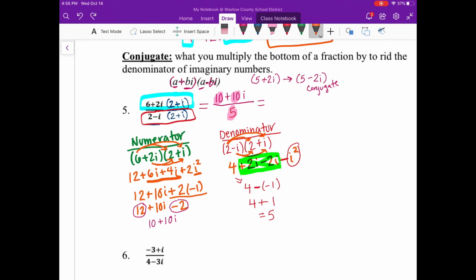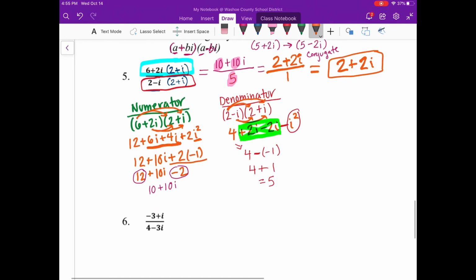So what you're going to want to do is divide all those numbers by 5. When I divide 10 by 5, I get a 2. The 10i by 5, I get another 2, and don't forget your i. And then 5 divided by 5 is technically 1. You can definitely leave the 1 in the denominator, or you can just write it as the numerator, because anything divided by 1 is itself.